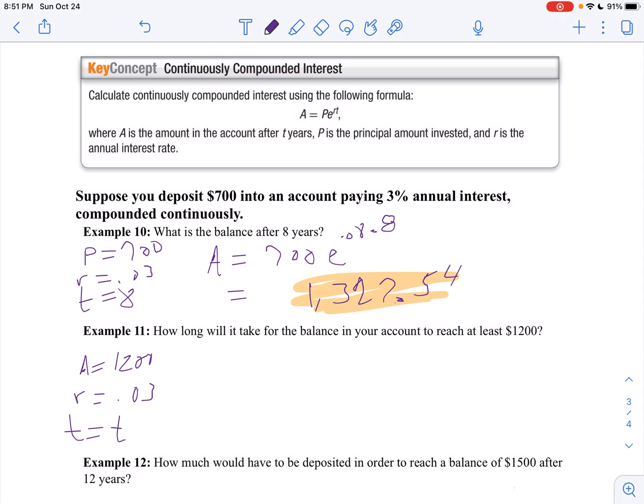We're going to start with 700 because our P doesn't change from the previous problem. So A is 1,200, so 1,200 equals 700 times e to the 0.03t power.